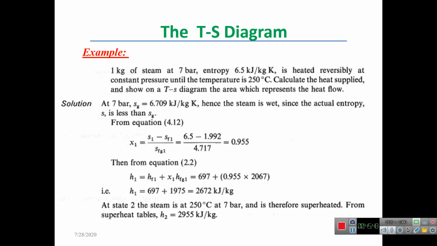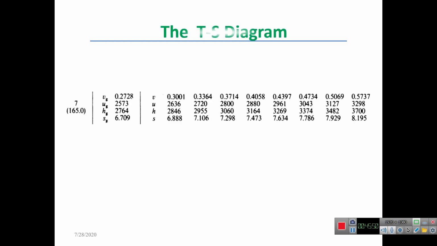I have obtained part of the steam table from the superheat tables. As you can see, this part which I have snapped is for a pressure of 7 bar. At 7 bar, what is written between these two brackets is the saturation temperature.